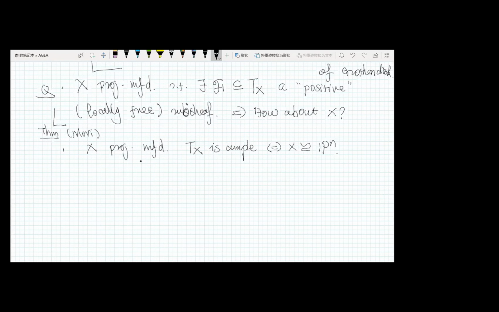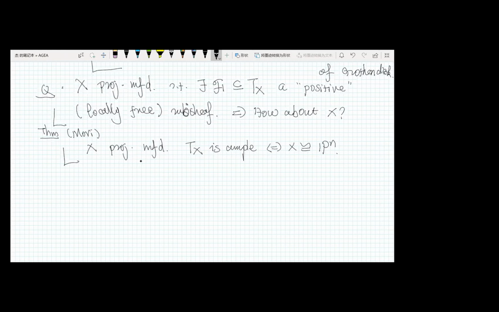In this case, where the subsheaf F is equal to the tangent bundle and F is also ample, this gives you a complete answer to the question above.